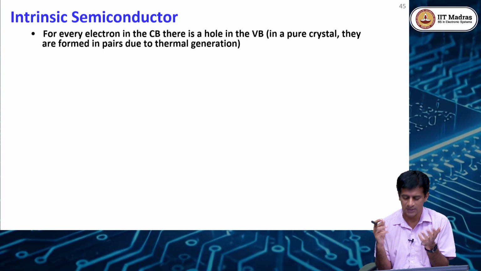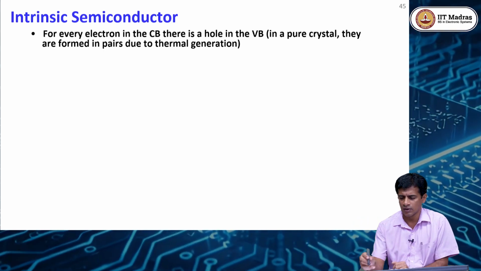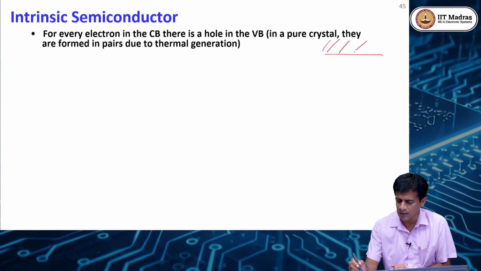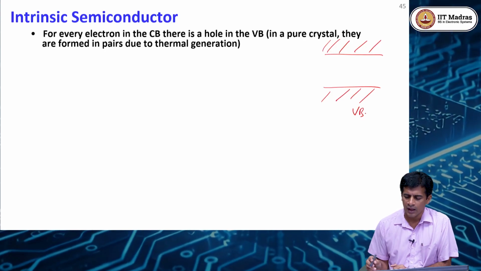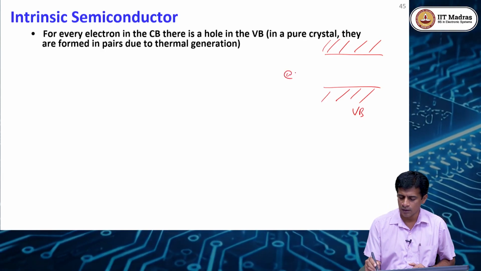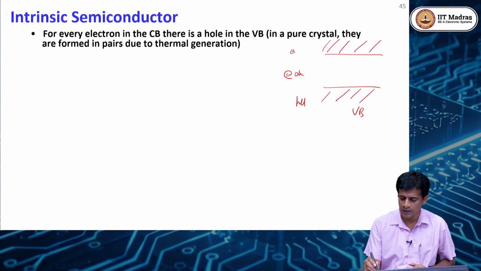Your detection capability. So in an intrinsic semiconductor, this is the conduction band, this is the valence band. We saw that at 0 Kelvin, this is full, this is empty.